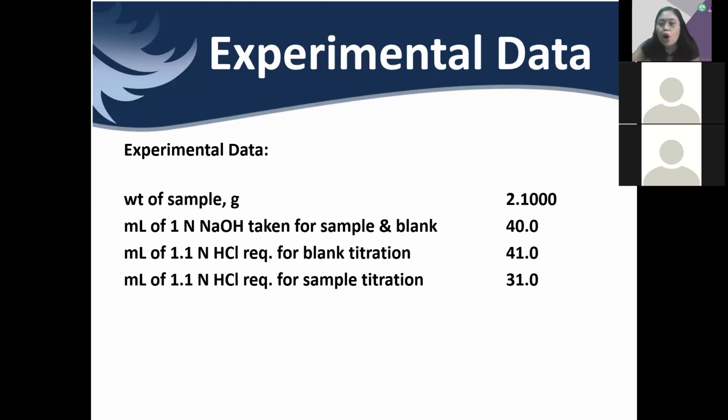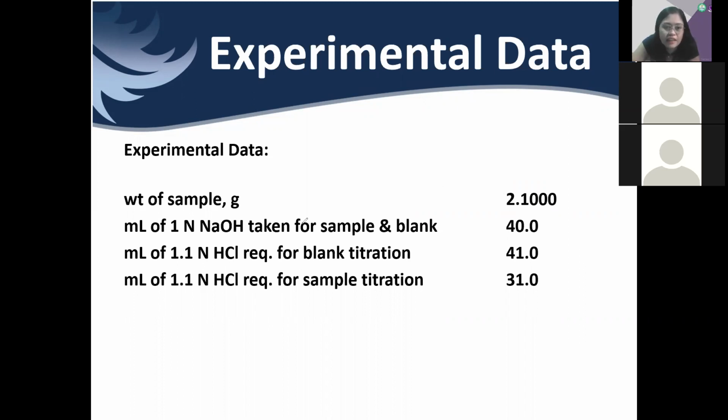hypothetical result of the standardization process of our aspirin. During the titration, 2.1 grams of the sample, this is for aspirin, was used.